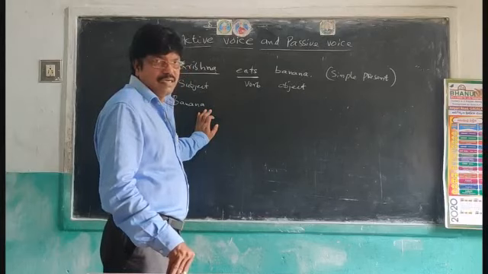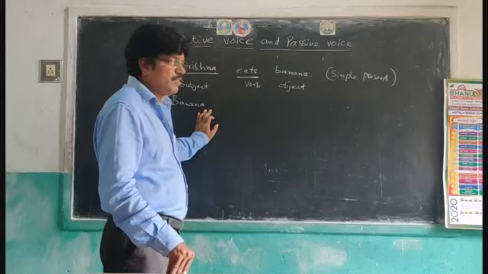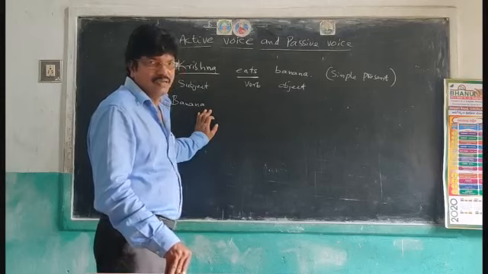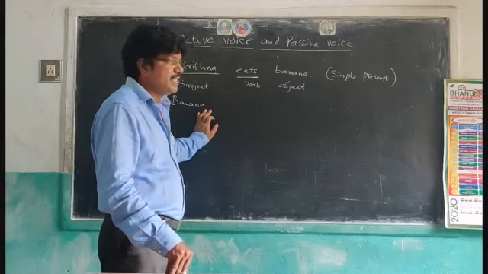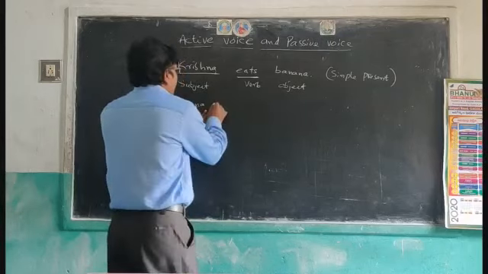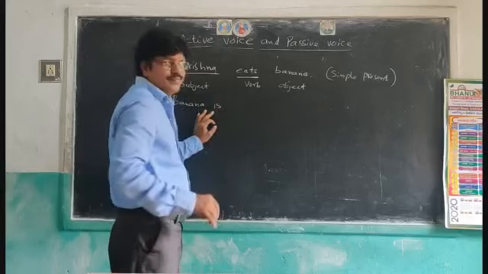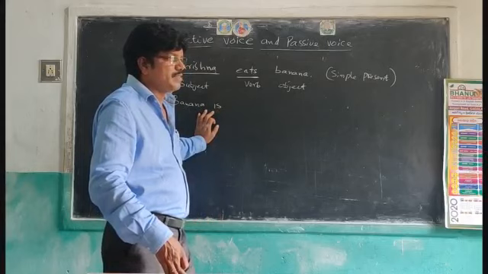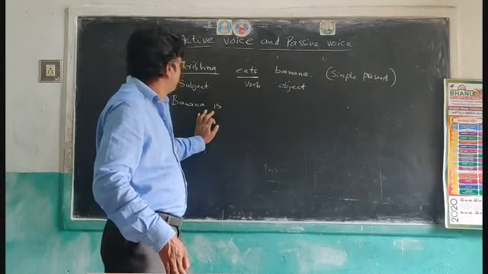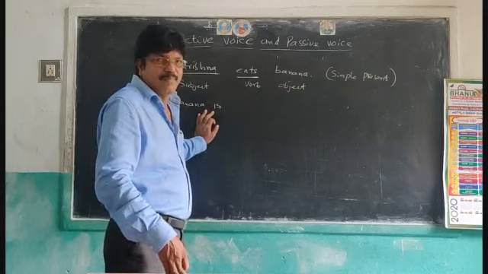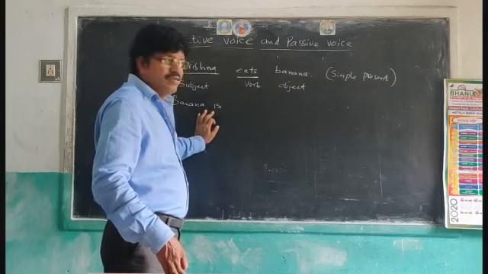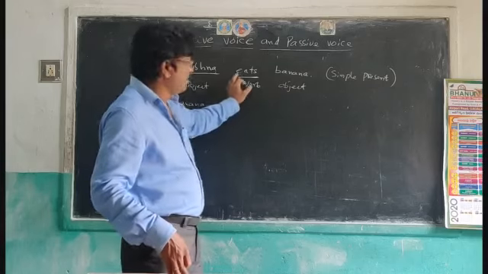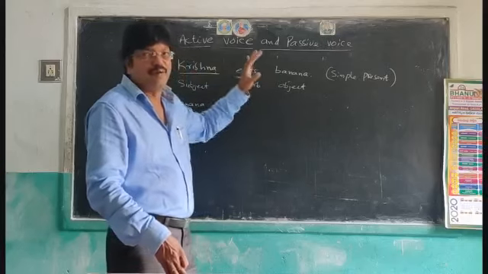Is. In singular, we use banana is. In passive voice we use the V3 form of the verb.